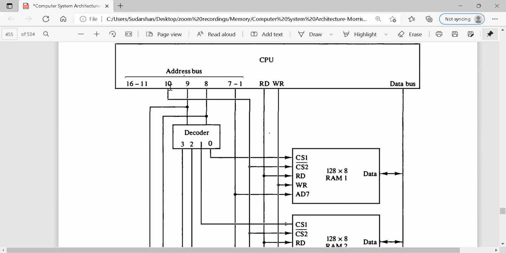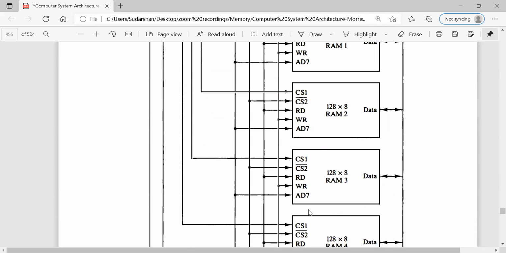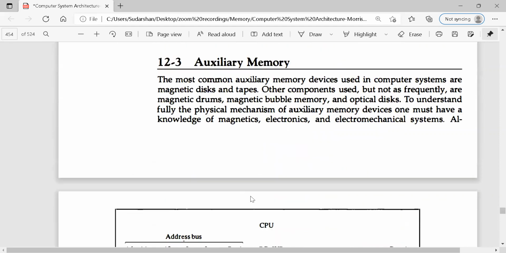Therefore, 0 in the 10th bit, 0 in the 9th bit, and 0 in the 8th bit enables RAM chip 1. 0 in the 10th bit, 0, 1 in the 9th and 8th bit, enables chip number 2. Similarly, 0 in the 10th bit, 1, 0 in the 9th and 8th bit enables RAM number 3. 1, 1 and 0 in the 10th bit is going to enable RAM number 4.